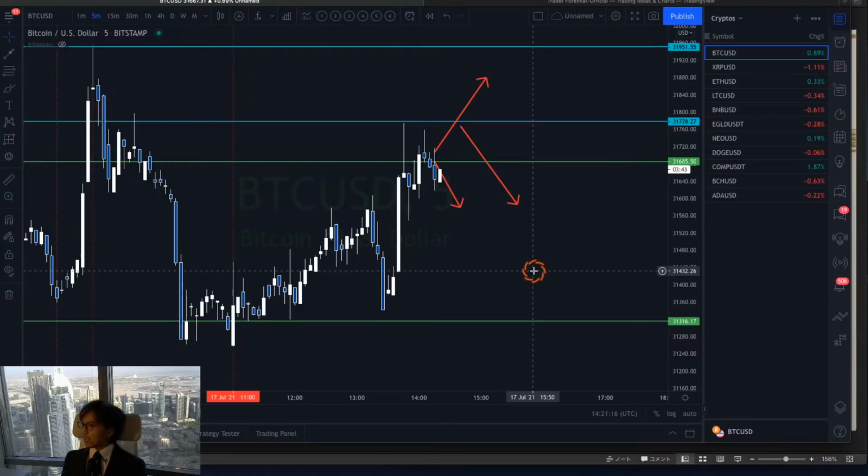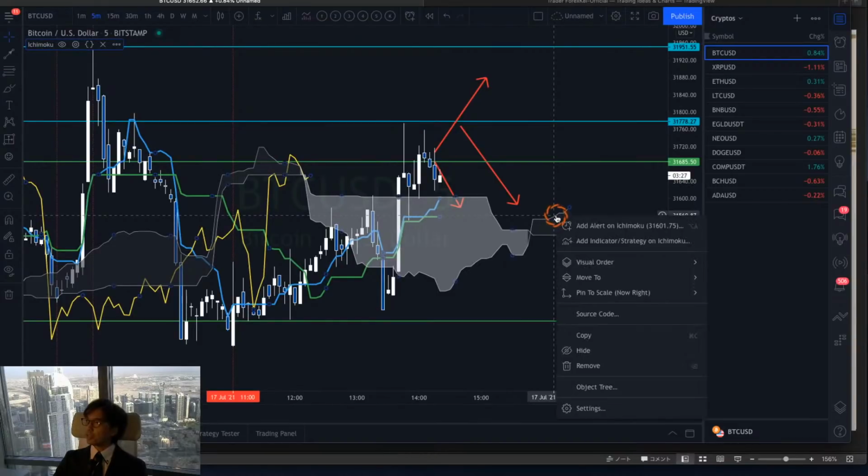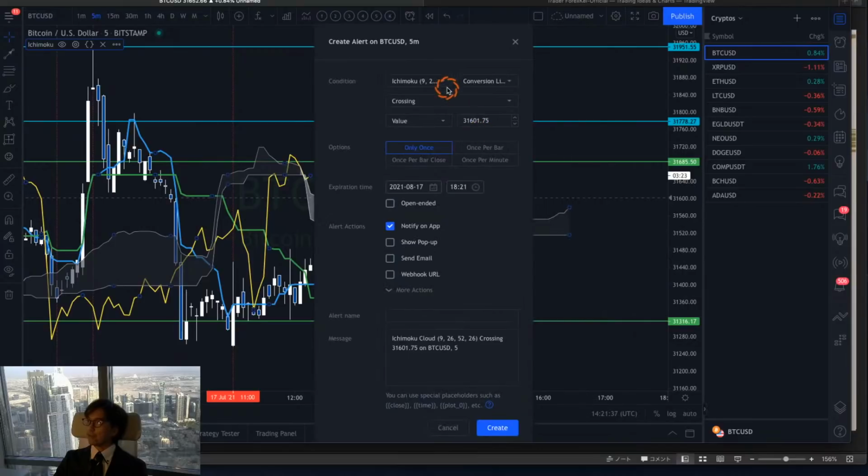Shamal says, Dear K, in addition to my previous question, there is no slope for lines in the alert table. Oh, there's no slopes. Let me see. So you right click on the Ichimoku indicator and press Add Alert on Ichimoku, and you take the Senkou Span A or B, Lead 1 or 2.